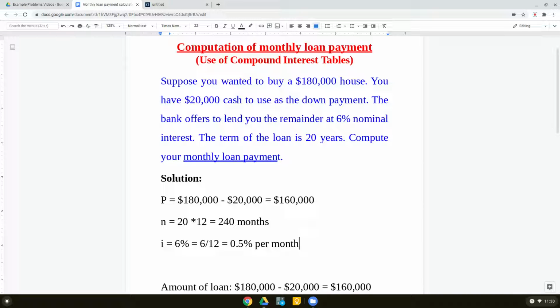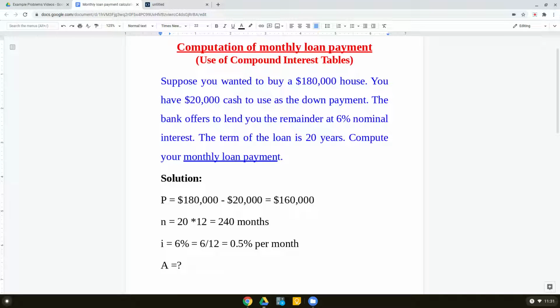Okay, so now we know the inputs, and what do we need to calculate? We need to calculate A. Basically, A refers to equivalent uniform annual payments, or monthly payments, or periodic payments, right? When you pay an equal amount every month or every quarter or every year, equal value, right?